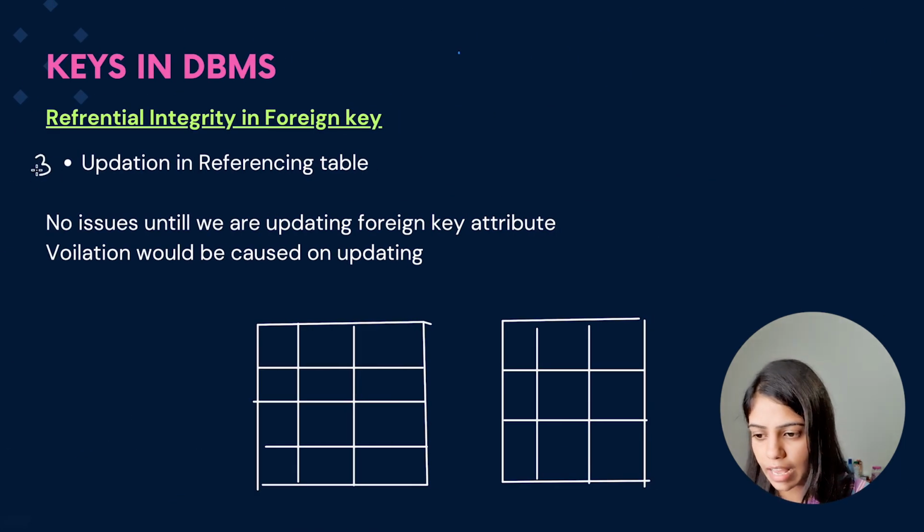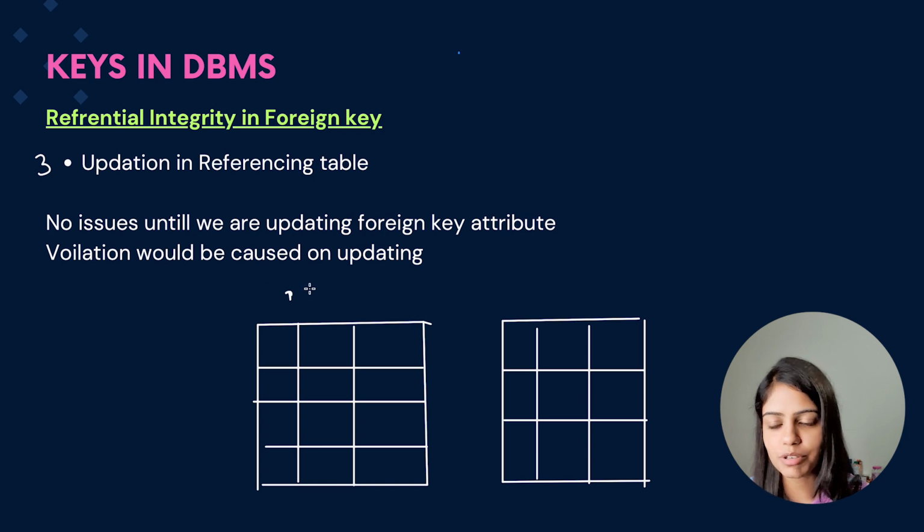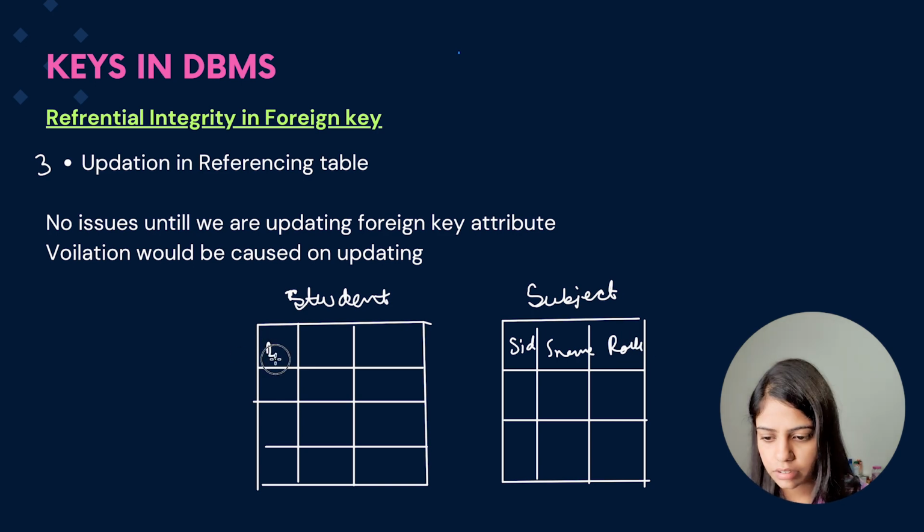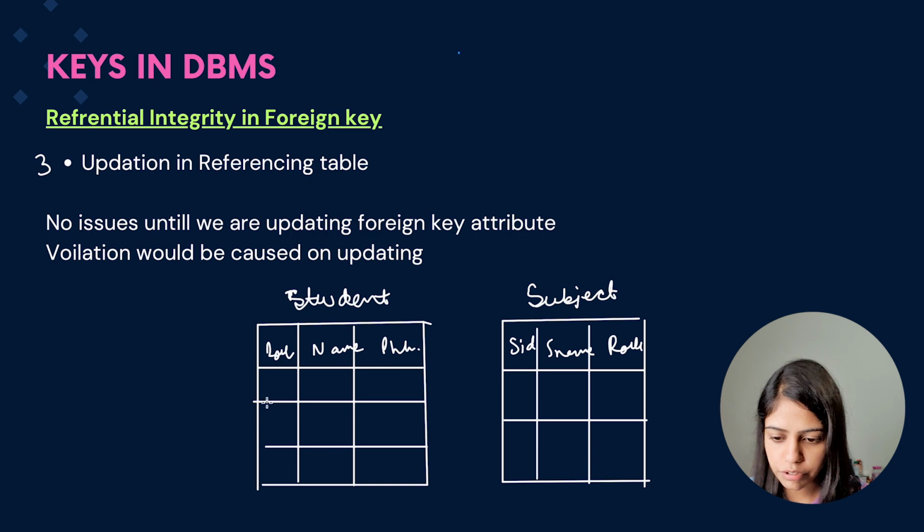Now the third and the last is the updation in the referencing table. So actually I'm drawing these tables because I want you guys to understand what is happening at the very depth. So let me just make it very quick. Student, subject, subject ID, subject name, roll number, student name, student phone number.